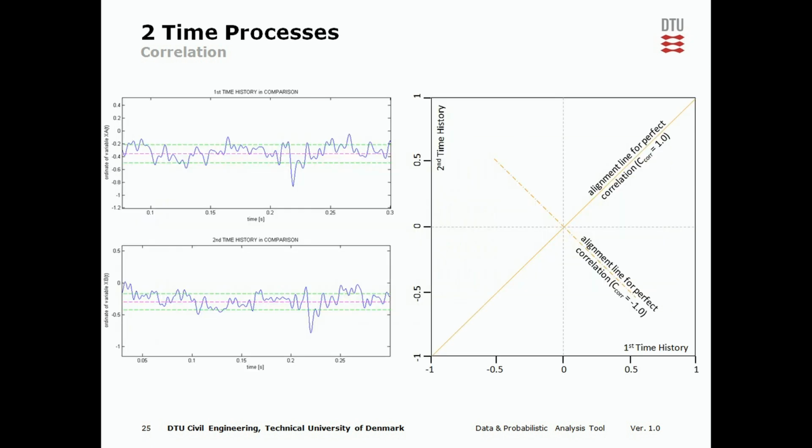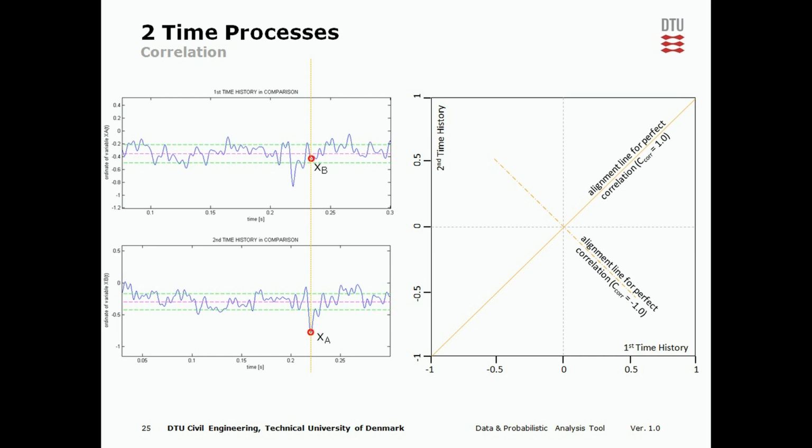So we now have two time histories measured at a certain distance, and we would like to get an image of what the correlation actually looks like. So we look at a specific point in time and say at this particular point, both time histories have a certain value.